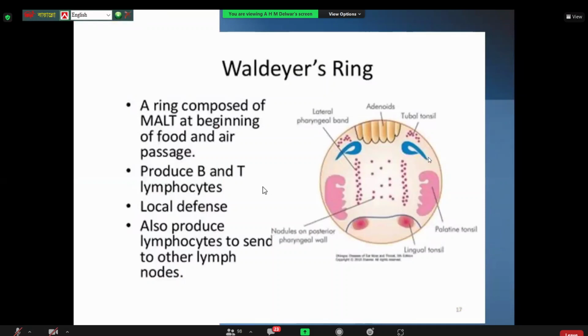What is the physiology of Waldeyer's ring?